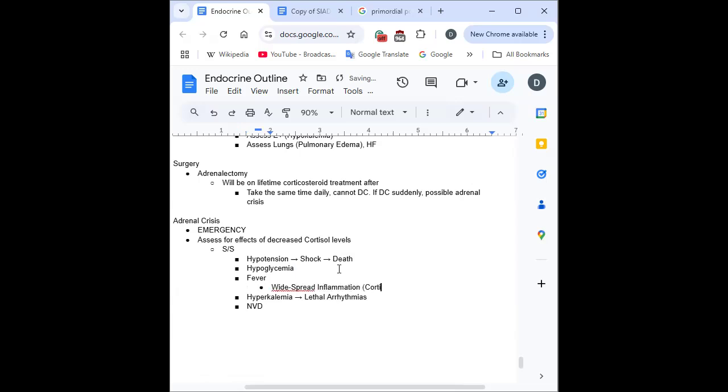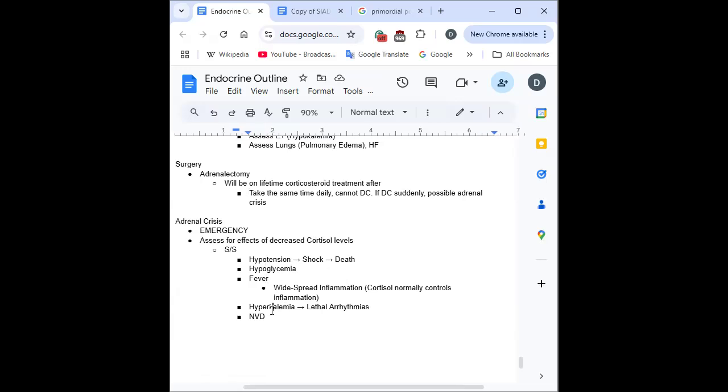Cortisol normally controls inflammation. Does that make sense? So fever. If you had a select all that apply, possible answers would be hypotension, hypoglycemia, a fever, hyperkalemia, nausea, vomiting, diarrhea.